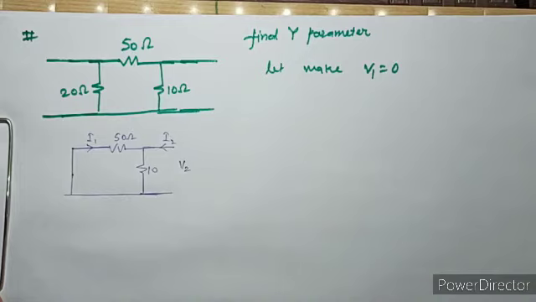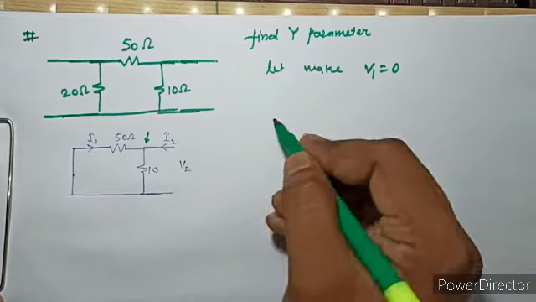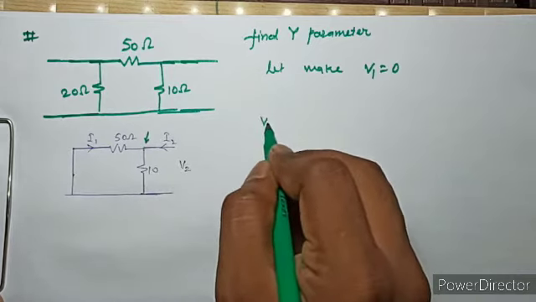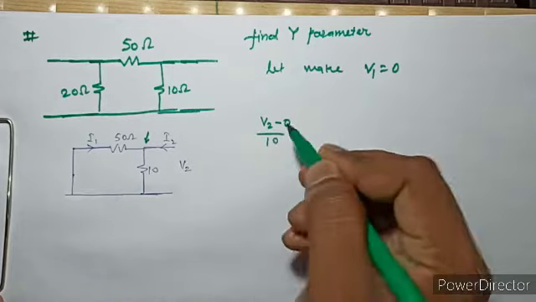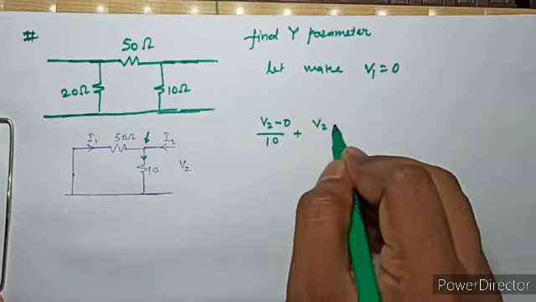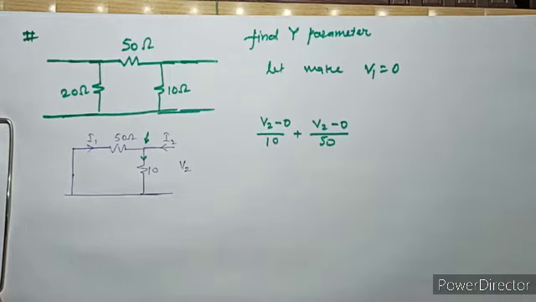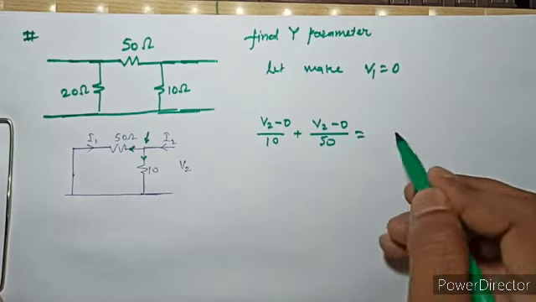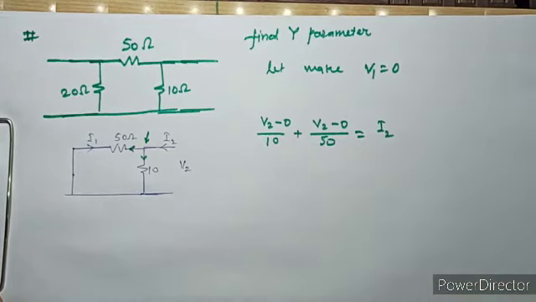This will be our V2. Now applying KCL here, what we will have? We will have (V2 minus 0) by 10, that is this current, plus (V2 minus 0) by 50, which is nothing but this current, and which will be equal to I2, isn't it?